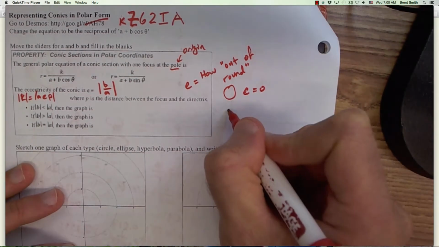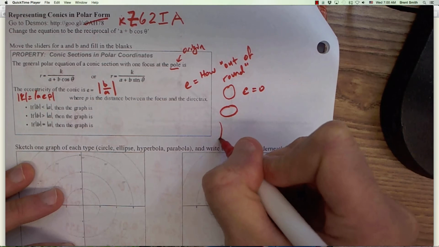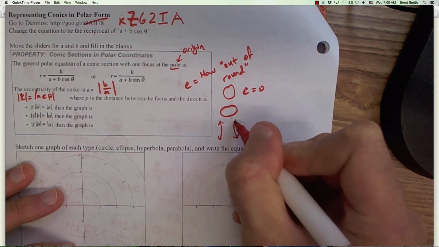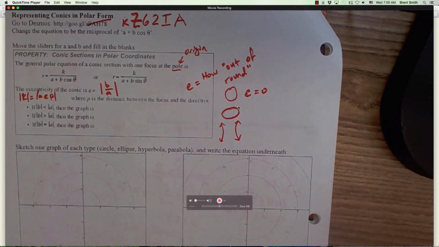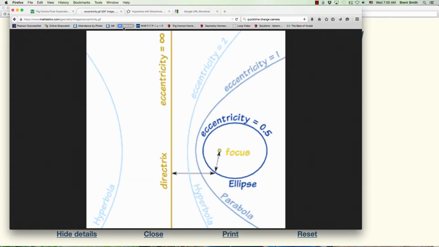An ellipse is kind of out of round. A hyperbola is more out of round. So let's just review what we talked about before. I'm just going to go to these web pages we did. So if we have an ellipse, it'd be kind of like that. A parabola is going to have an eccentricity of 1. Hyperbola, anything above 1.